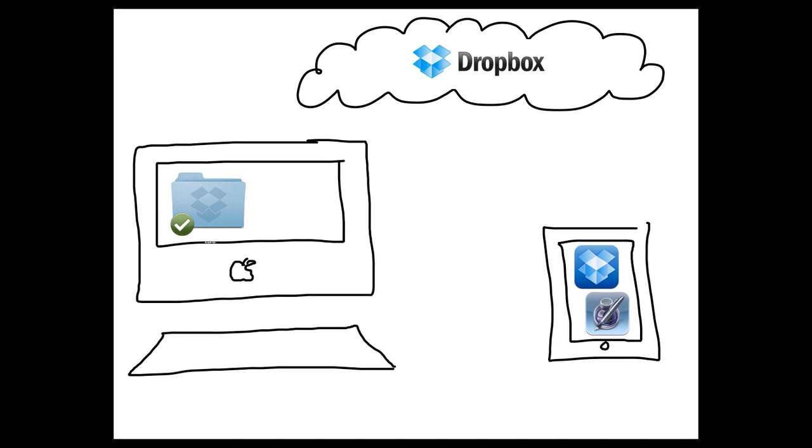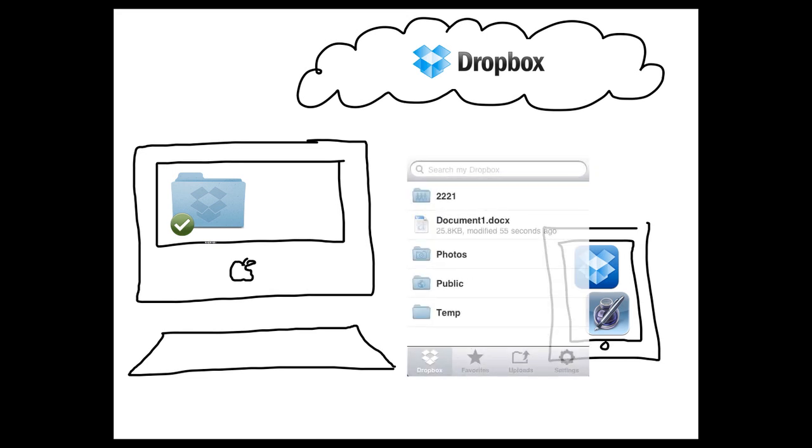And so that Dropbox app is then going to tie in, once you put in your information, it's going to tie you into your Dropbox storage location in the cloud. So let's say you got Dropbox on there now. What you're going to do is touch the Dropbox icon. That's going to then open up a list of things that you have inside of your Dropbox folder in the cloud.